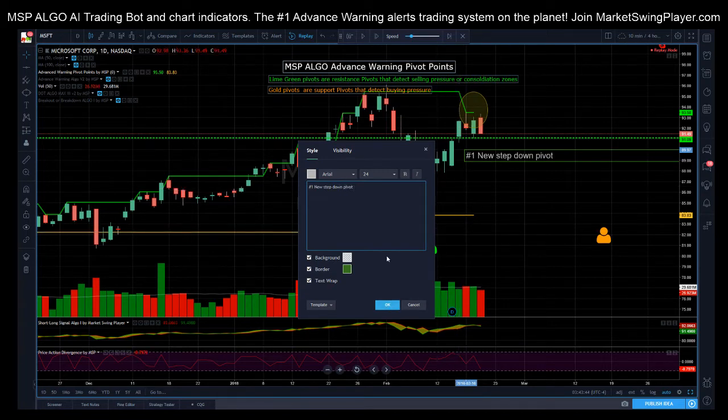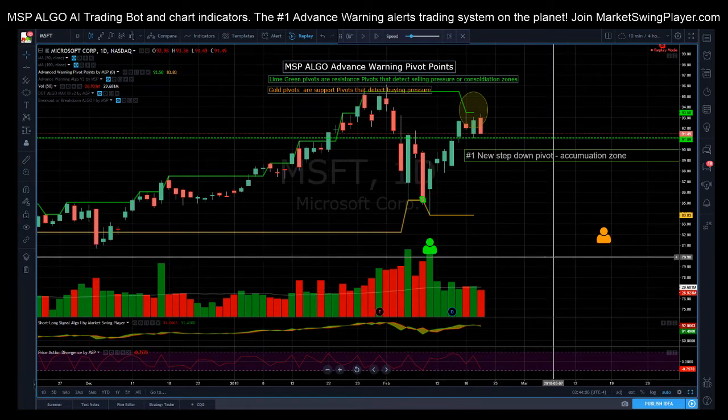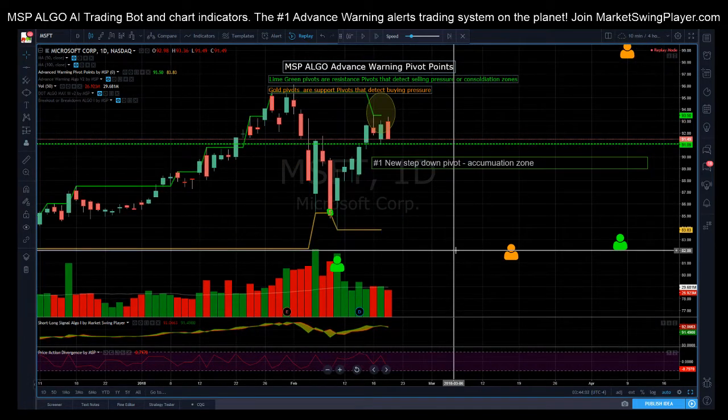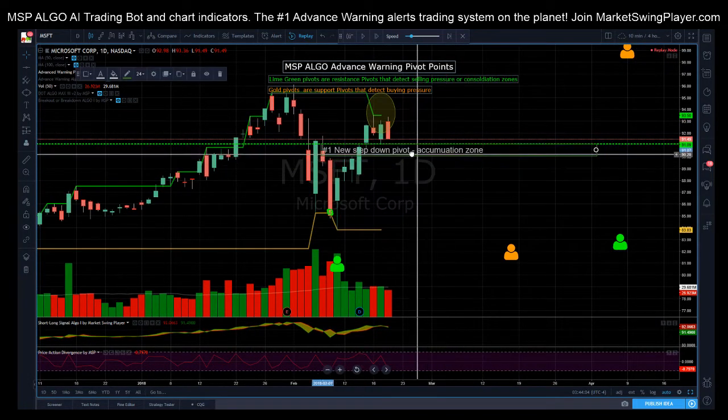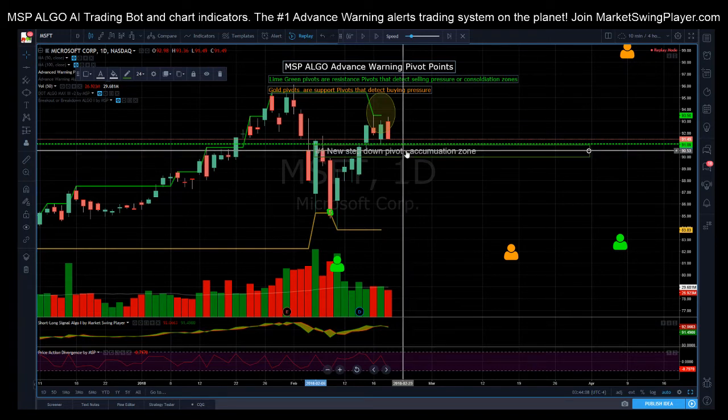So we know it involves accumulation or a chop zone, right? Just depends on what the market maker's intent is. But we're gonna say it's an accumulation zone. So that is what happened. So we got our first step down pivot.